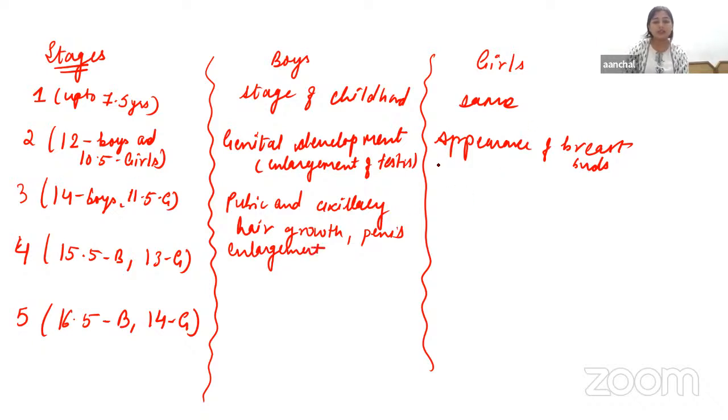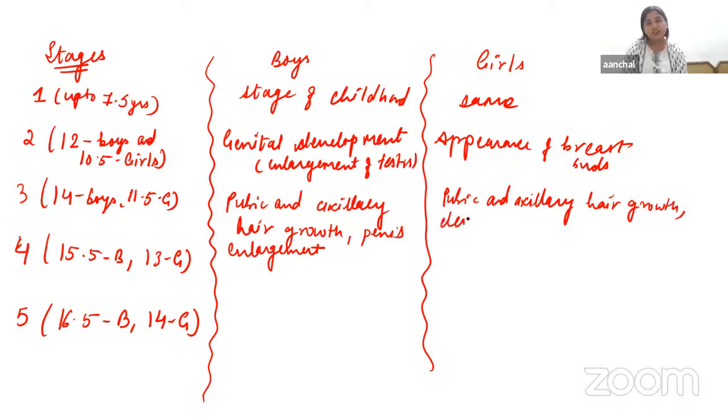Whereas in girls, pubic and axillary hair growth will be there and elevation and enlargement of breast is there, and also in this stage there will be gain in height.